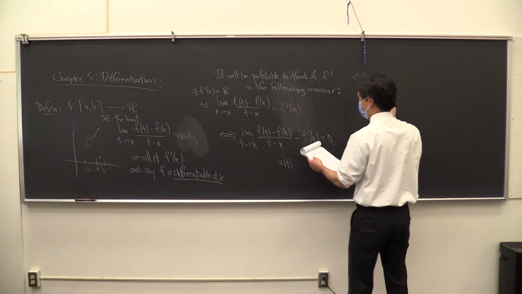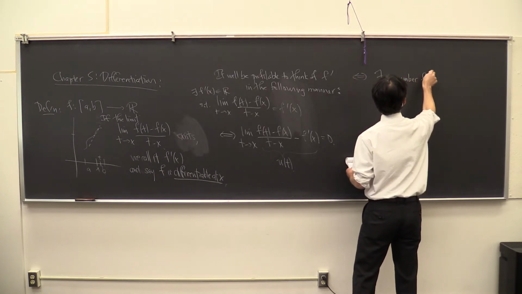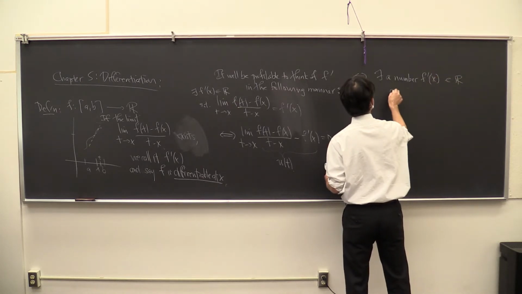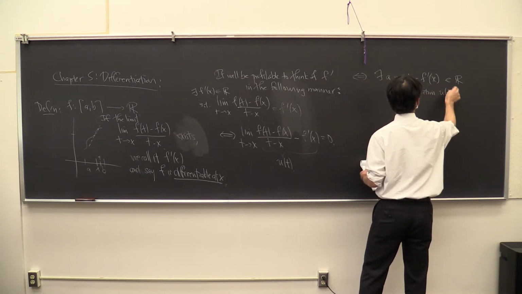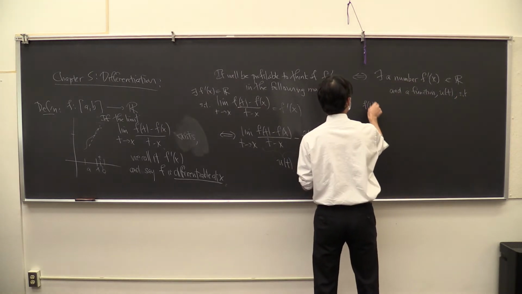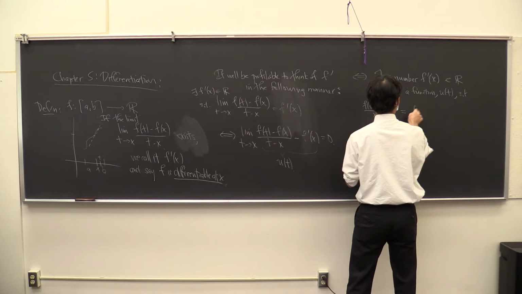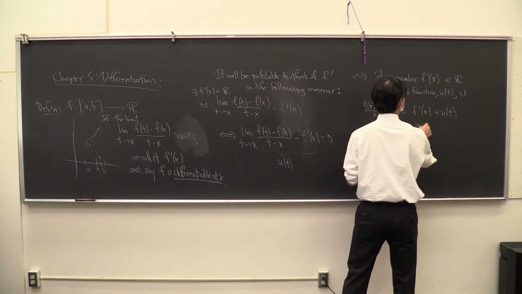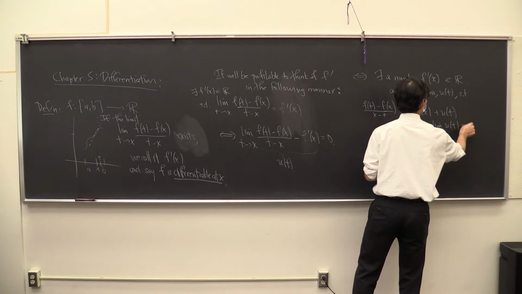This is the same thing as saying that there exists a number f prime of x, and a function u of t, such that f of t minus f of x over x minus t equals f prime of x plus u of t. And as t goes to x, u of t goes to 0.